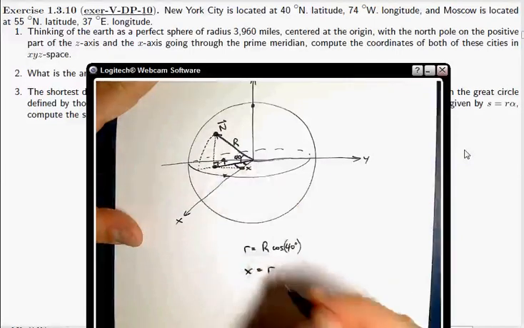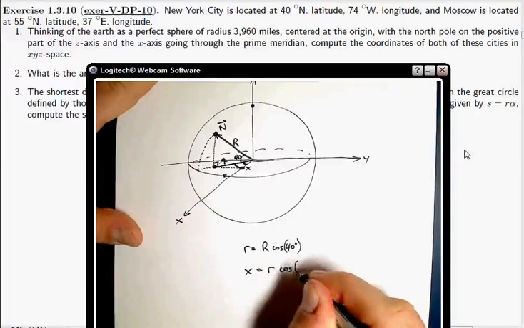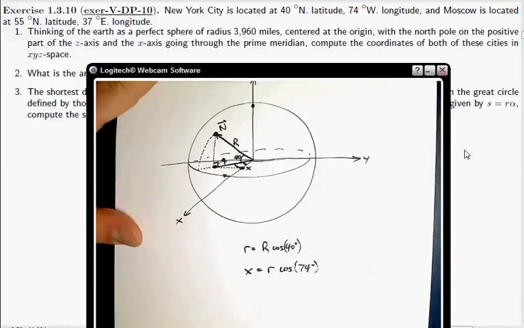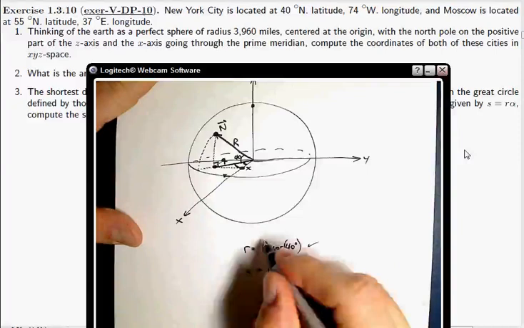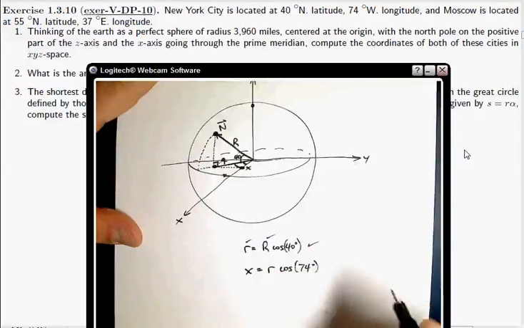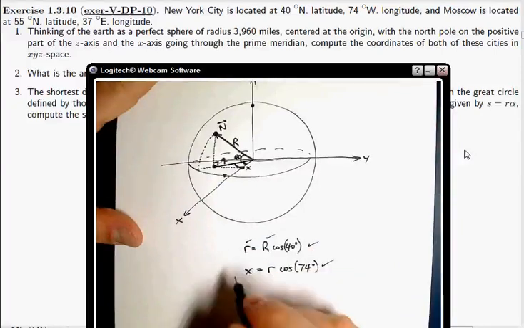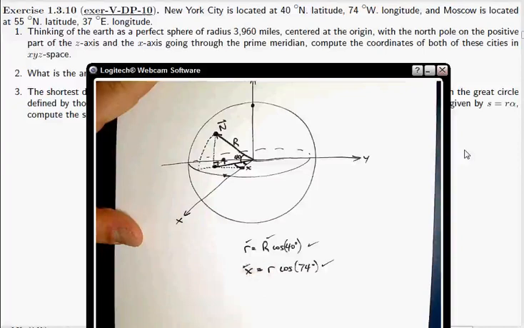So little r times cosine of 74. So that's something you can compute because you know r. That means you know this little r, which means you can compute this and now get x.